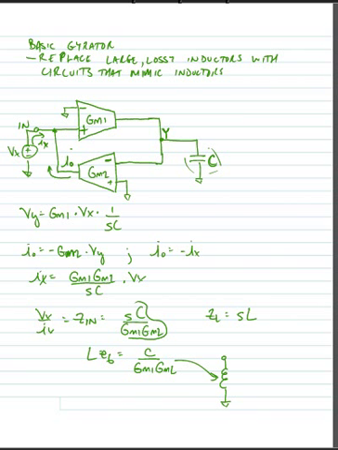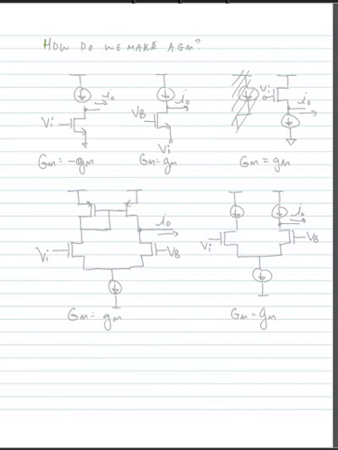Alright, let's quickly look at how we might make one of these GM devices based on circuits that we've looked at so far during the course. There are several ways we might make a GM.